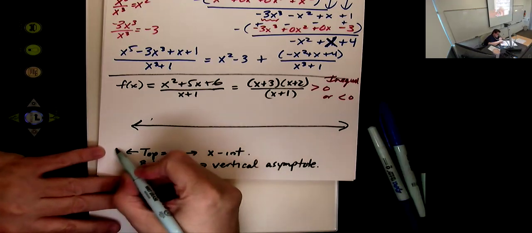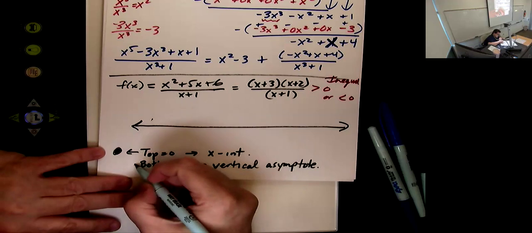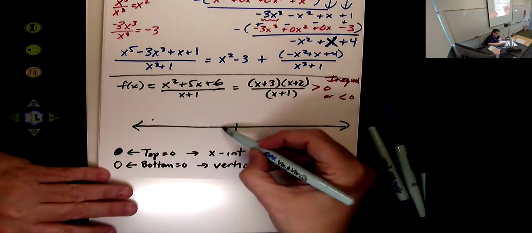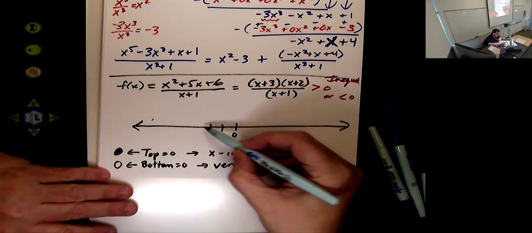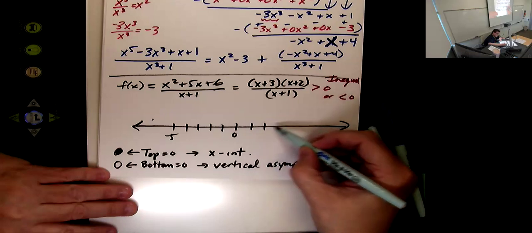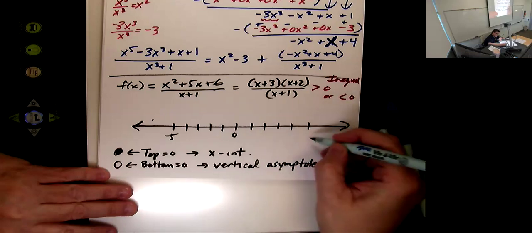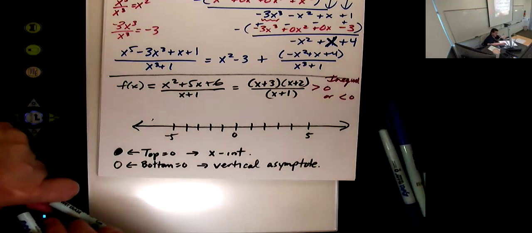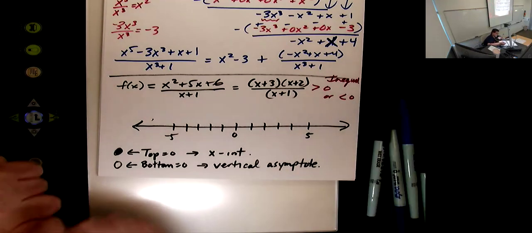These get solid points, the top ones, and the bottom ones get hollow points. We did that before. I didn't choose very good numbers because these are all near each other.